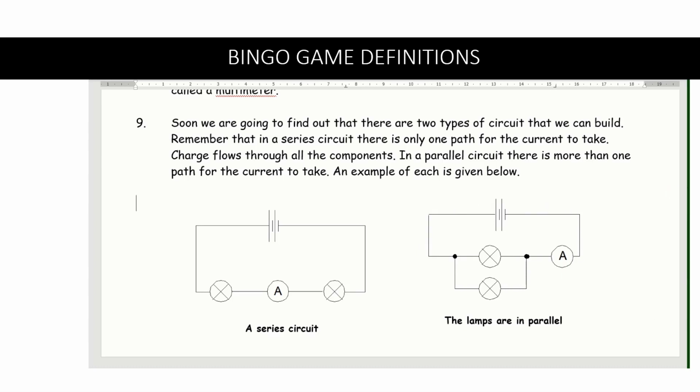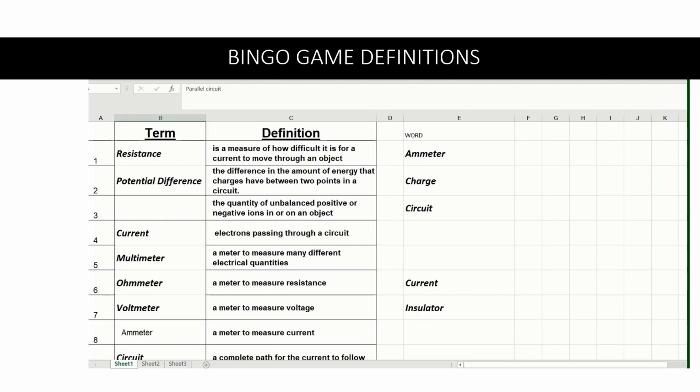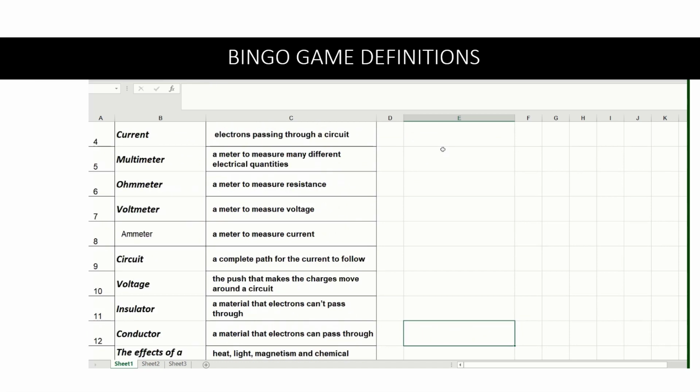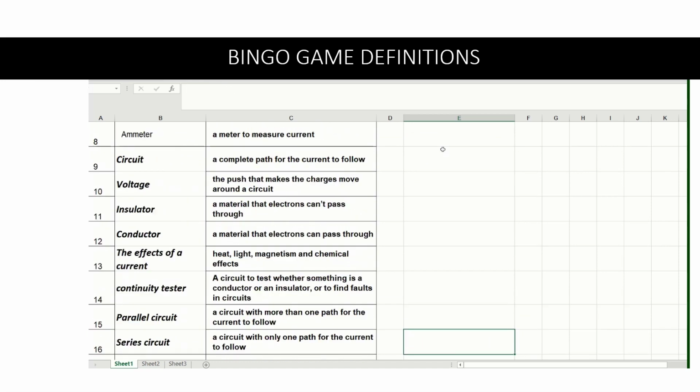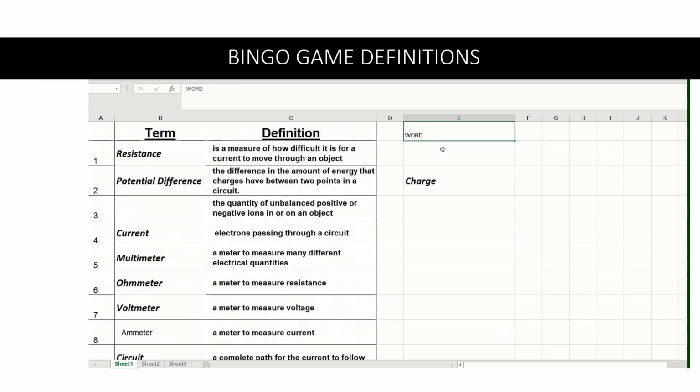So if we go to our words, we should just have one word left. Okay, so we've done an ammeter, we've done a circuit, we've done current, we've done insulator, we've done potential difference, we've done the effects of a current, which just leaves me one word, and that's going to be the charge.